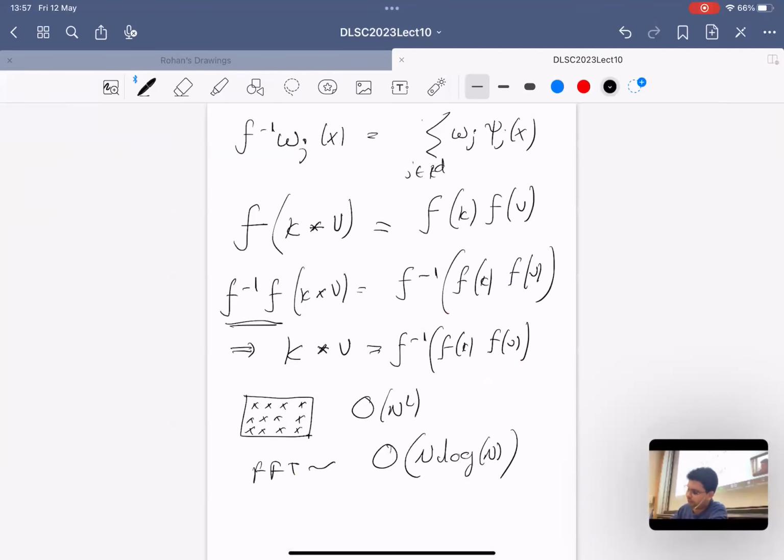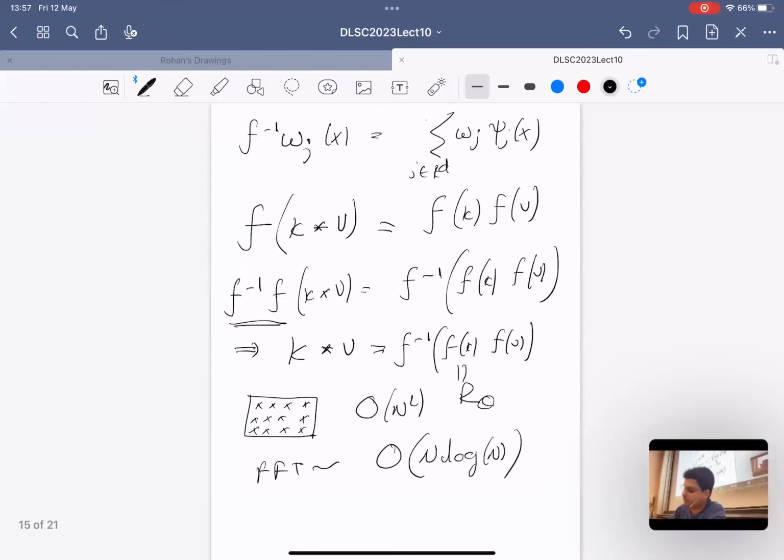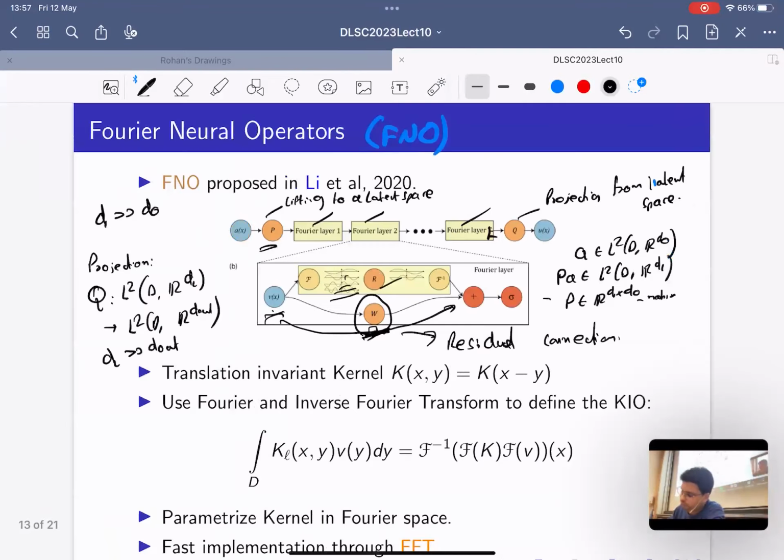So this here, F k, I just write it as R, and this is theta, because we don't do anything in physical space in terms of the parameterization here. It's in Fourier space. So you do a multiplication in Fourier space, take a Fourier inversion, pass that signal on, and keep on doing it. So this is the construction, and this is what is FNO.